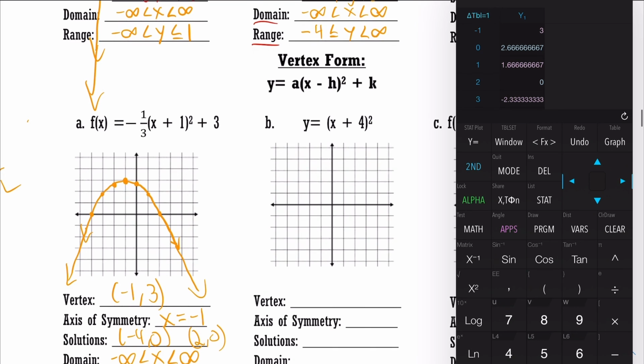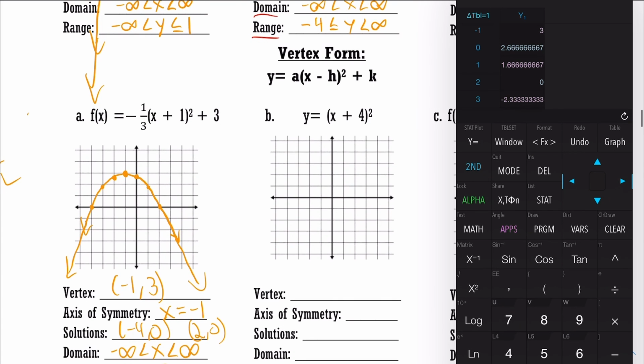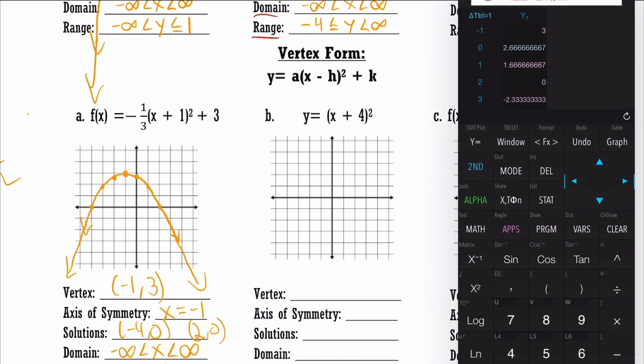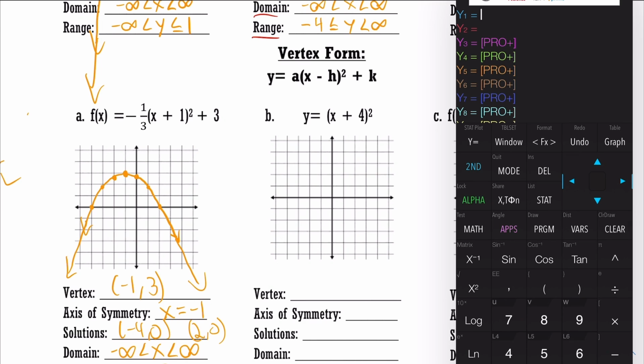Okay, I think you should be able to do this next one on your own pretty easily. Let's see the third one. Yeah, it should be fine. So just make sure whenever you're typing in your equation, throw in the parentheses, and then when you're looking at the table, scroll around on that table until you find where the numbers have a center, where the numbers repeat.